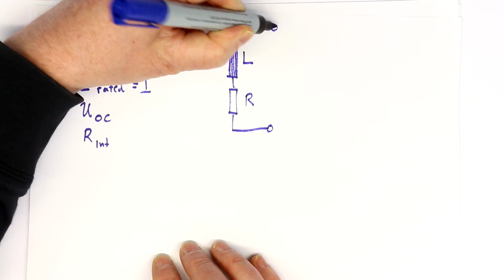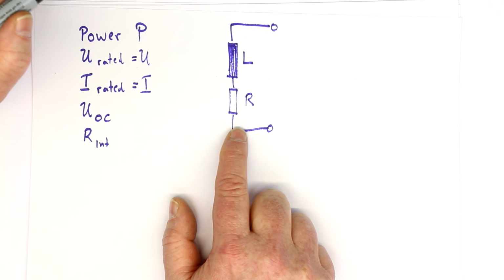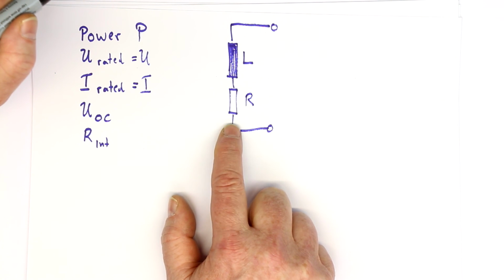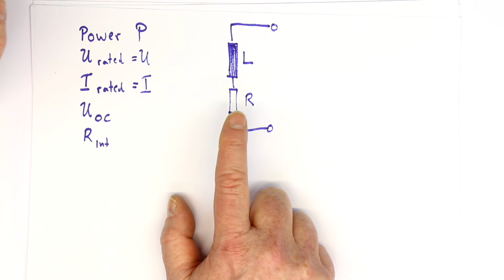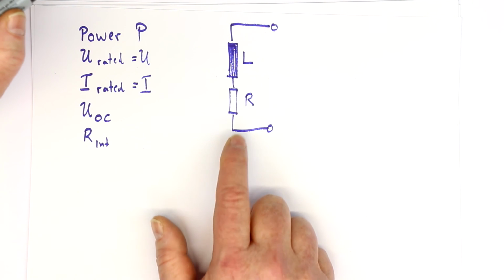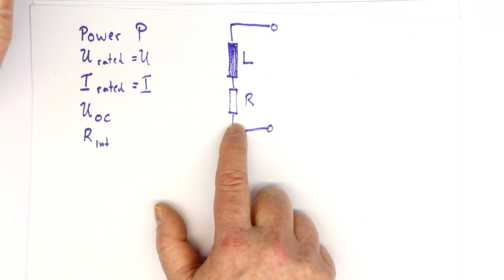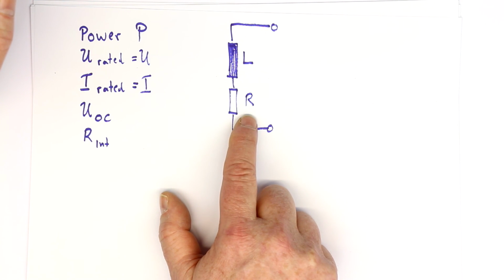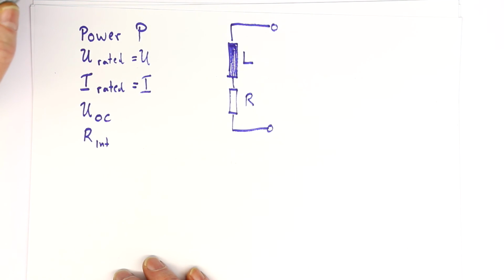Usually that is the copper resistance, but there are also other effects influencing the internal resistance, which not only have to do with the copper resistance. So we'll see in a minute, by comparing the measured internal resistance to the copper resistance, that there really is a difference.